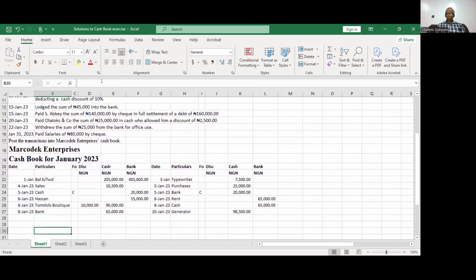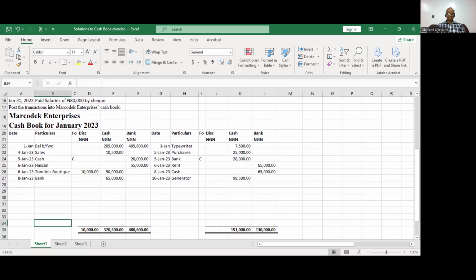So you come to your debit side, and the transaction took place on the 10th of January 2023, J. Ades. So you're going to have your discount column 5,000, and here you have 45,000.